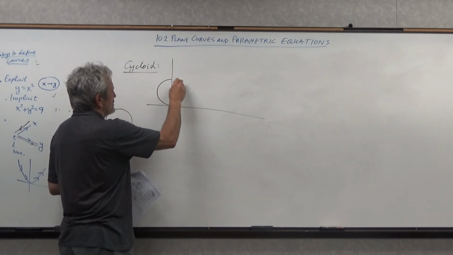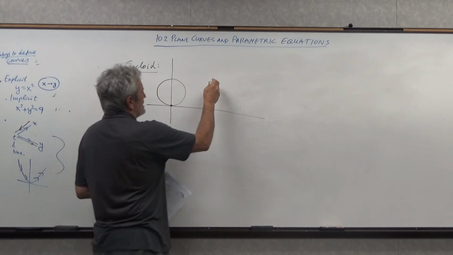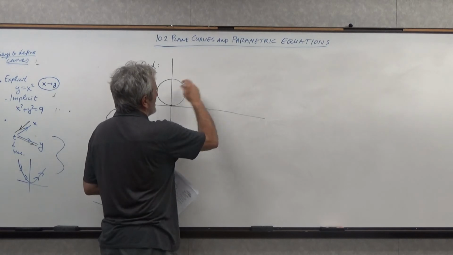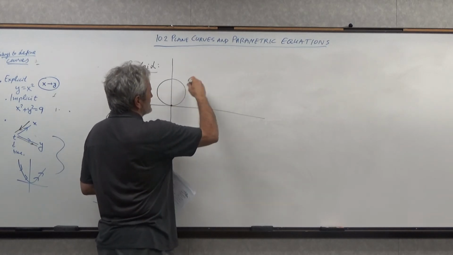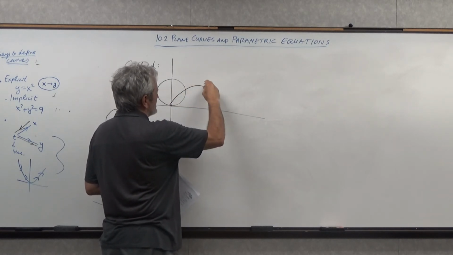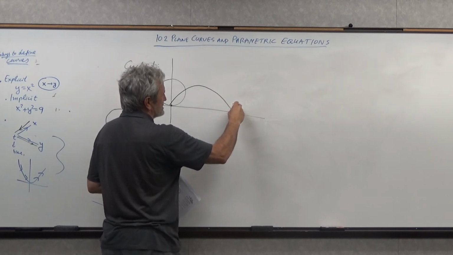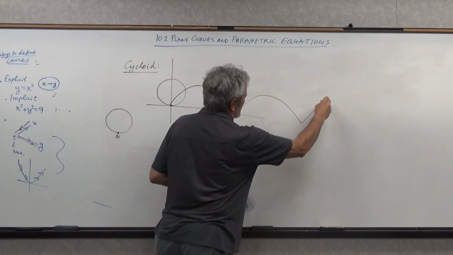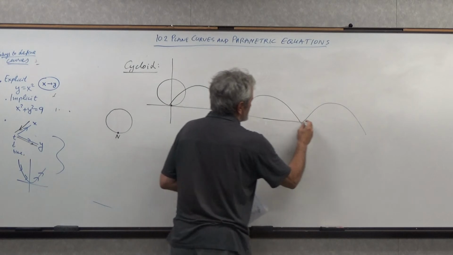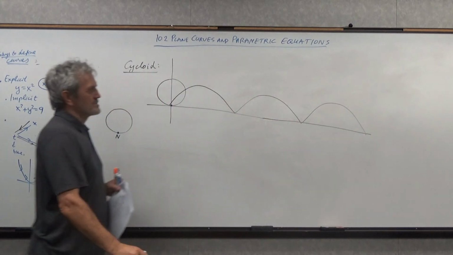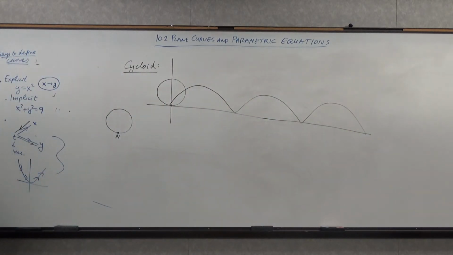Here is where the nail was in the beginning, and then while the car moves, the nail goes higher and higher, and then back down to the ground, and so on and so on. And generally this equation is the equation of the cycloid.